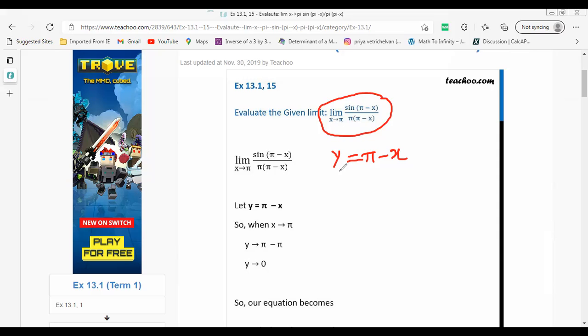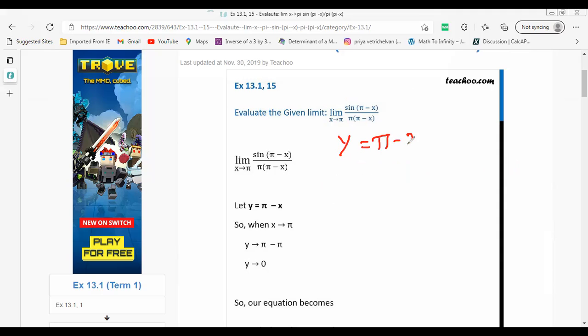So limit x approaches pi. I have to make changes from here itself. So what is x then? Just a second.